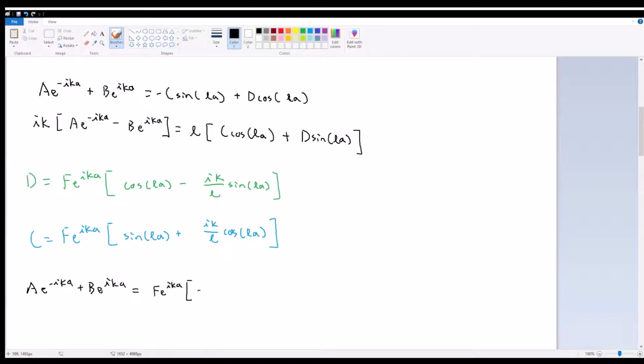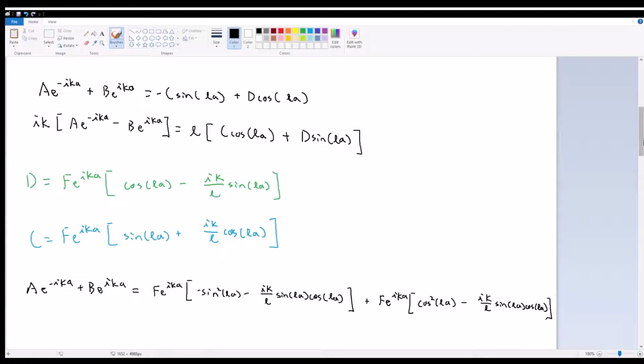So negative sin²(la) minus ik/l sin(la)cos(la). And then we're going to add D cos(la), so we add F e^(ika) and multiply everything inside here by cos(la): cos²(la) minus ik/l sin(la)cos(la).